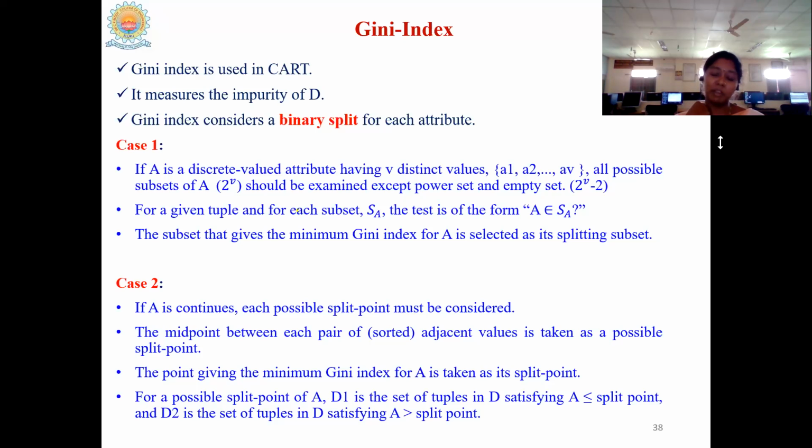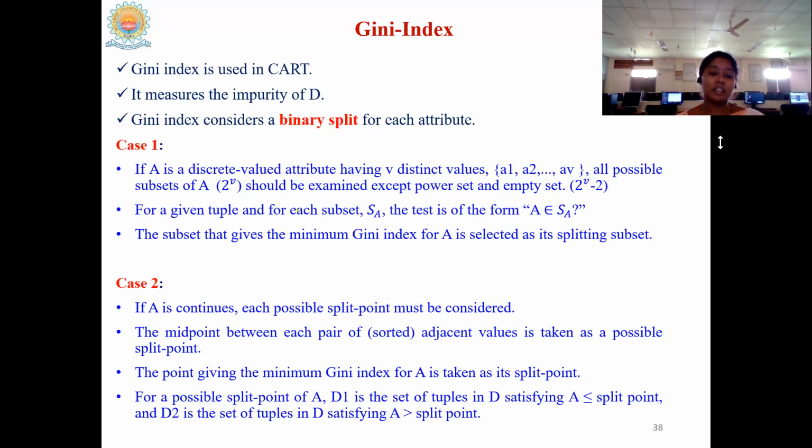Here the one which is having the minimum GINI index has to be considered, based on the measure we have taken. The procedure is same. So the subset that gives the minimum GINI index for A is selected as its splitting subset.